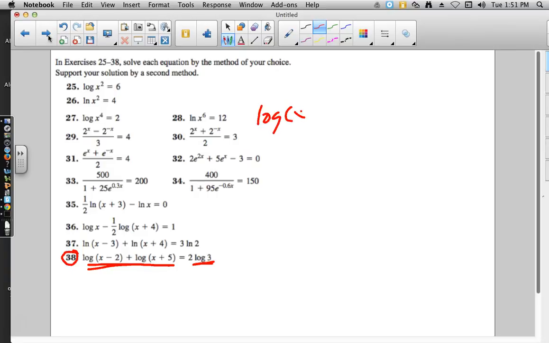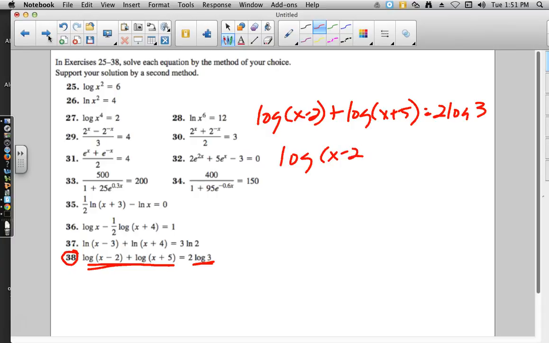So I write the problem down, and I realize, okay, I've got addition, that's multiplication, no big deal, I can take care of that. And then I have this 2 out in front, well that was a power. So this is the logarithm of the quantity x minus 2 times the quantity x plus 5 equals the logarithm of 3 squared, which is 9. You're just putting that right back up there. And now I definitely can drop that common logarithm.